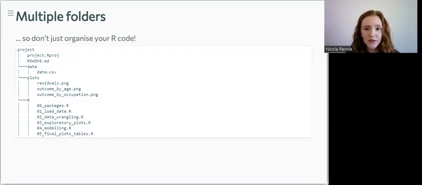So put your R code in one folder, create a folder for your data, create a folder for your plots, and so on. Again, name these folders sensibly. This might also be where you start to think about writing functions, if you haven't already, and separating out functions from other interactive code. This is quite useful if you at some point decide to convert your analysis code into an R package.